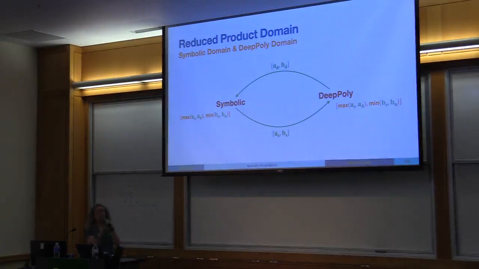We could run in parallel the symbolic and the DeepPoly domains, and have them exchange lower and upper bounds to improve their own lower and upper bounds internally. So whatever lower and upper bound DeepPoly computes will be given to symbolic to make its lower and upper bound tighter, and the same the other way around.